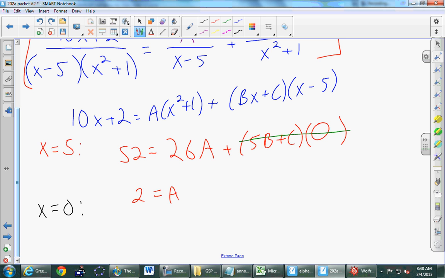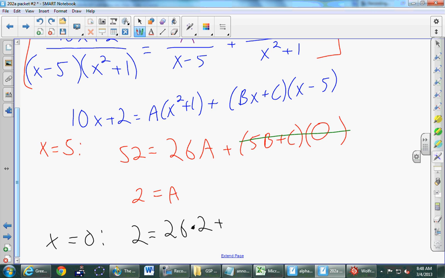On the left-hand side, x is 0, so we get 2. Equals, we just figured out that A is 2, so 26 times 2, I'll just write that out, plus, and we said that when we plug in here, no, not there, here, the x is 0, so the B term goes away.